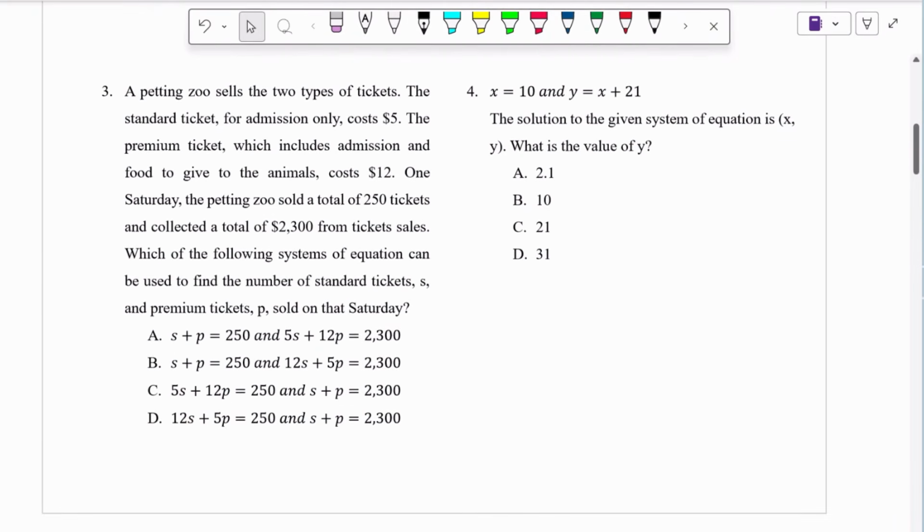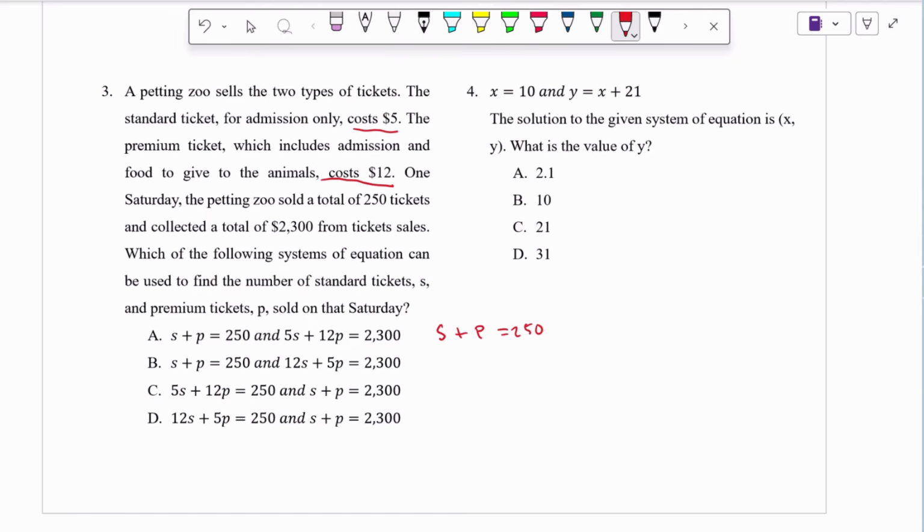A petting zoo sells 2 types of tickets. A standard ticket costs $5. The premium ticket, which allows you to give food to animals, costs $12. So we've got 2 ticket types. They sold a total of 250 tickets. What I'm thinking here is my standard tickets plus my premium tickets equals 250 tickets sold.